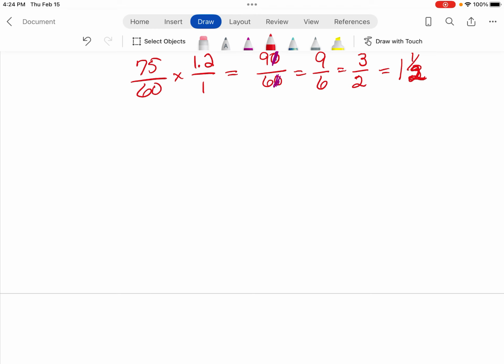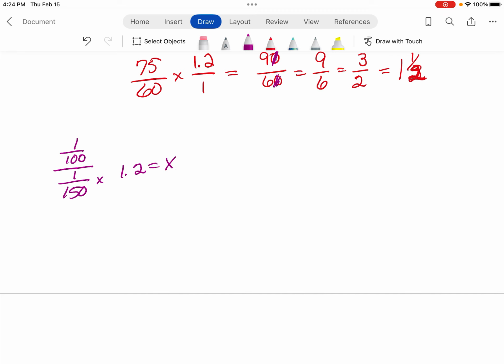Now let's look at number 3. This is the one that really has a tendency to mess with people. It's when I have a fraction over a fraction. So I have 1 over 100 divided by 1 over 150 times 1.2 equals x.